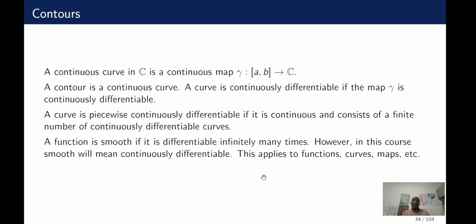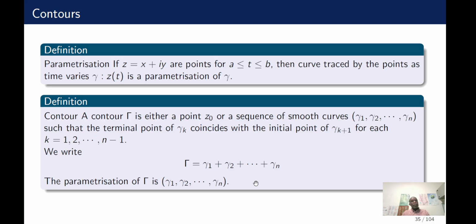If you are going to integrate over a path, sometimes you might need to do what we call a parameterization of that path. Your points are the general complex valued points. For an interval between a and b, for your parameter t, we call it the time.